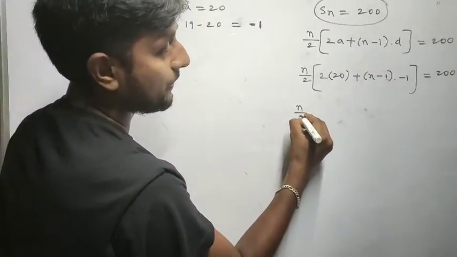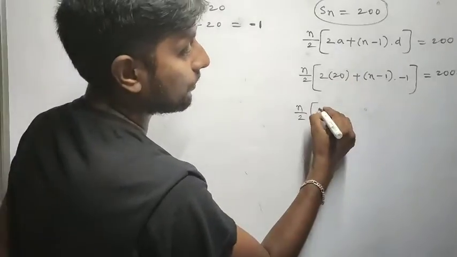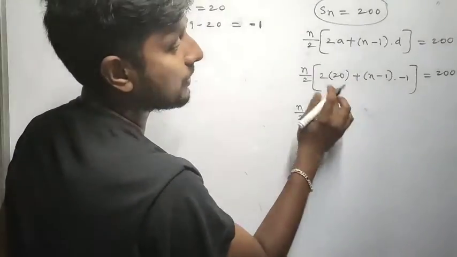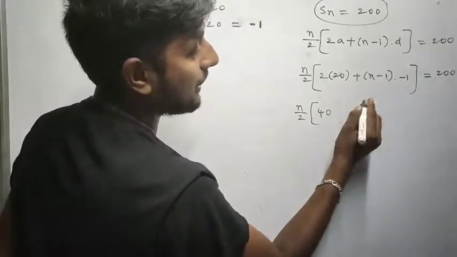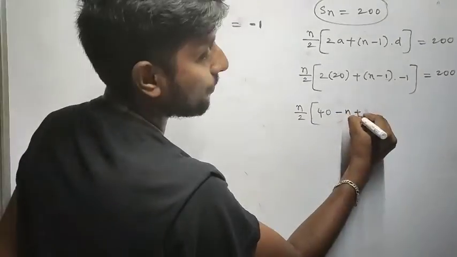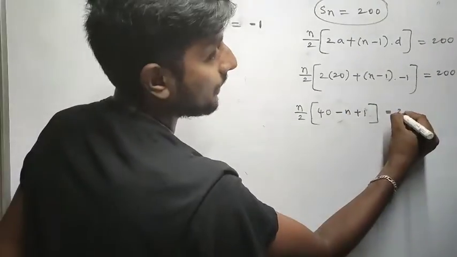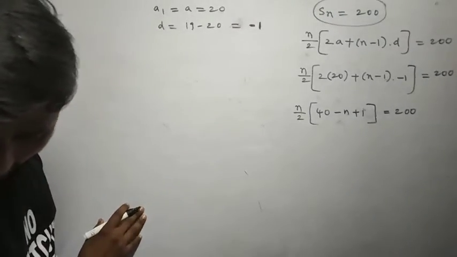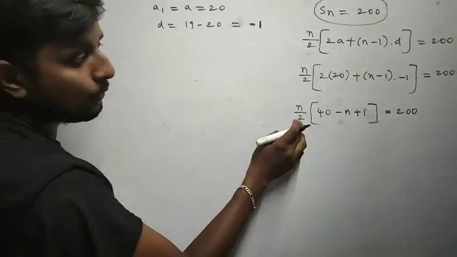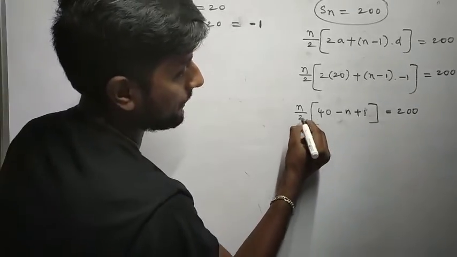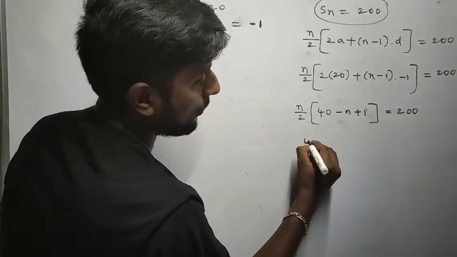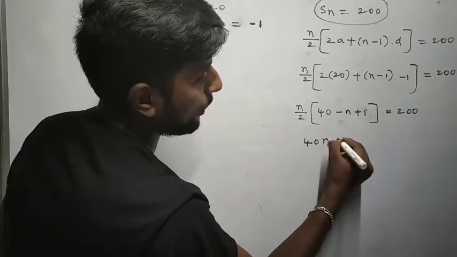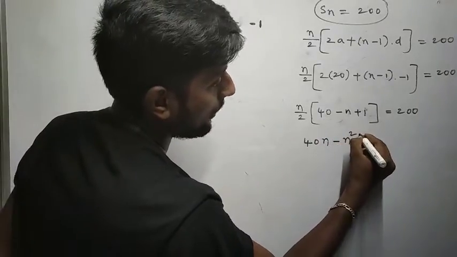Right? n by 2 as it is. 2 twenties are 40, and minus is multiplying, so minus n plus 1 equals 200. If you simplify again, the 2 goes there and multiplies with n. So n into 40, that is 40n minus n square.